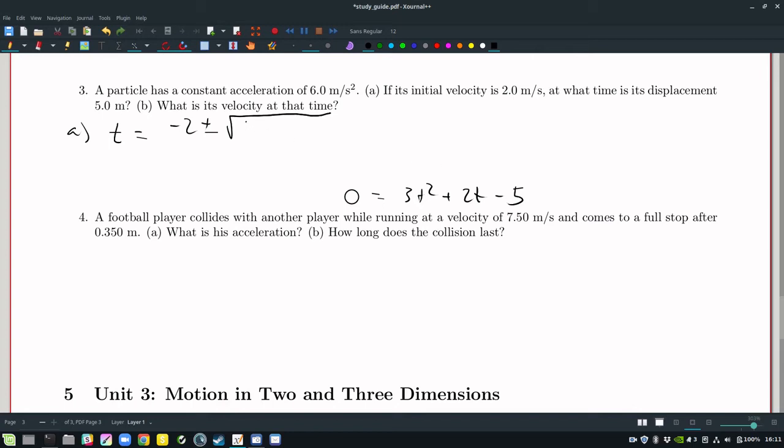Well, that'll be 2 times 2, so 4, minus 4, and then a is 3 times c, which is -5, so that's -5, all over 2a, which is 6.